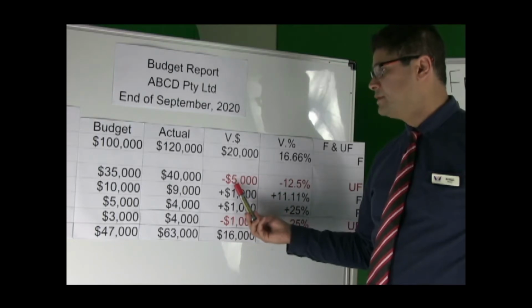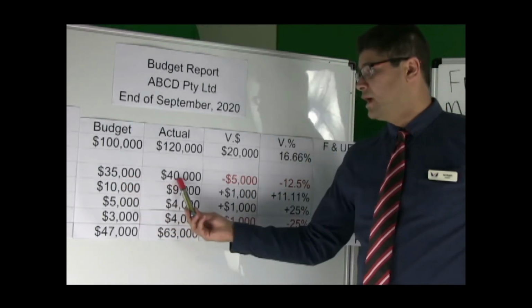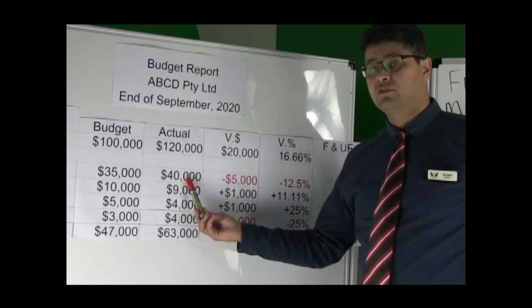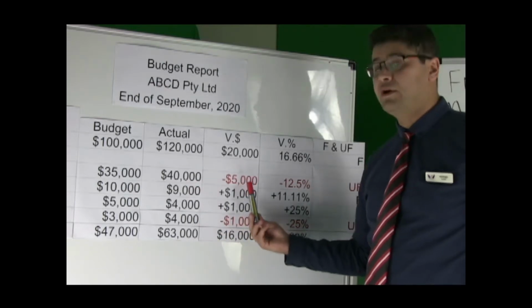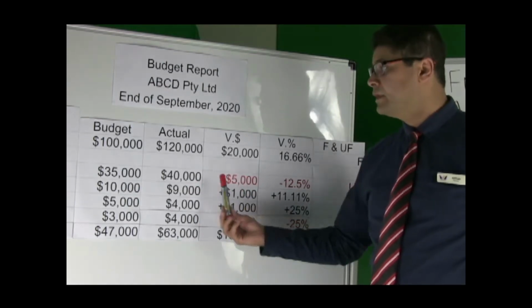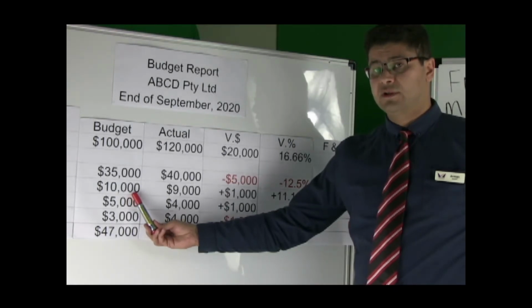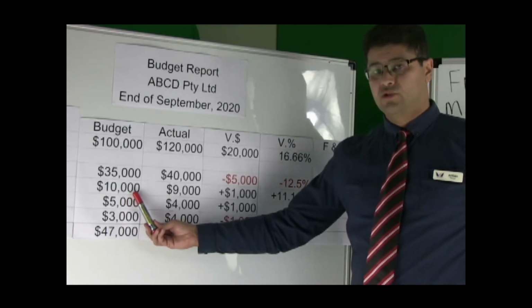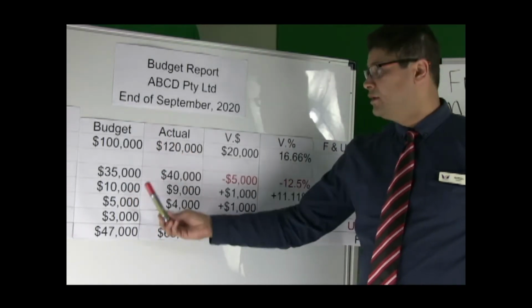Let's go to expenses. $35,000 was predicted, and your actual wage is $40,000. The difference is minus $5,000, obviously. Here in material, you predicted $10,000 as your cost to run your business during the September term. But how much is that?